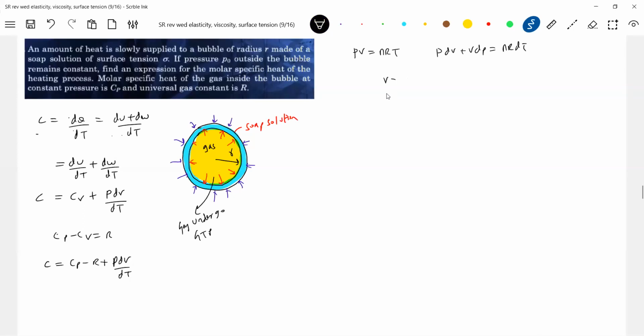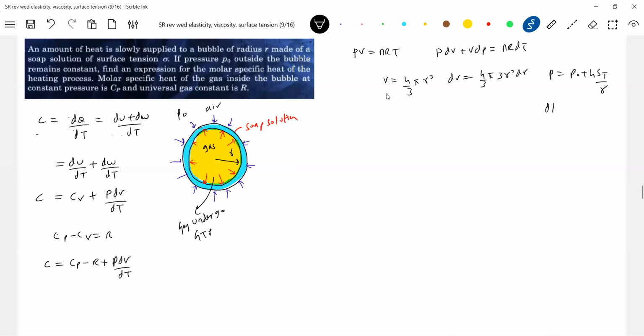What is the volume? 4 by 3 pi r cubed, for the smaller one I took. So dV will be 4 by 3 pi 3r squared dr. What is the pressure? P equals P naught plus 4 ST by r.